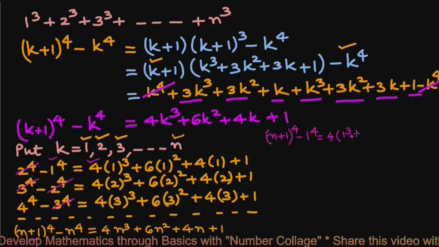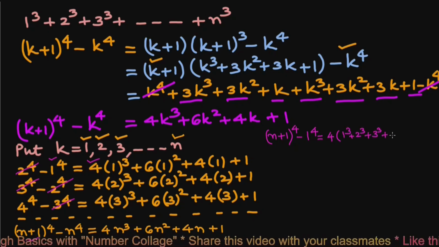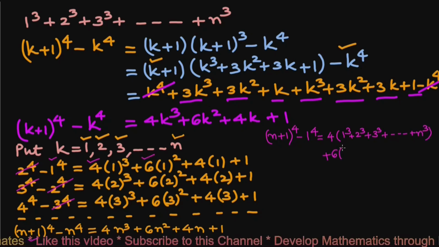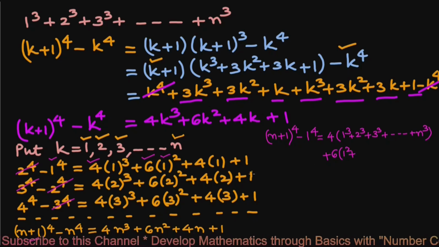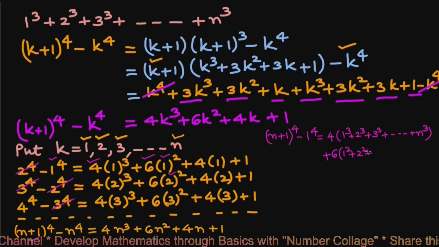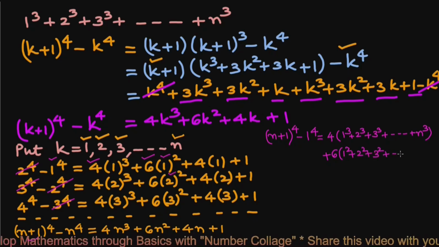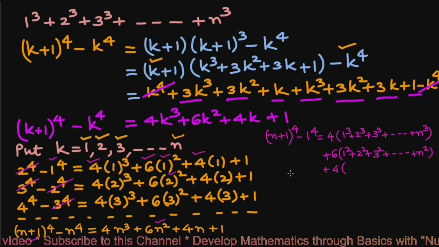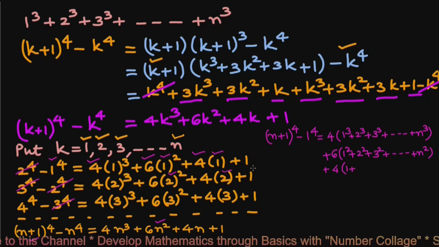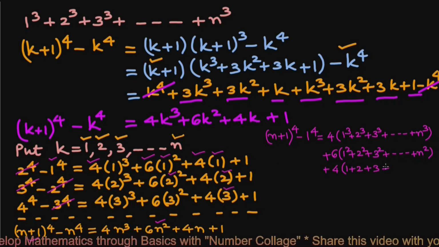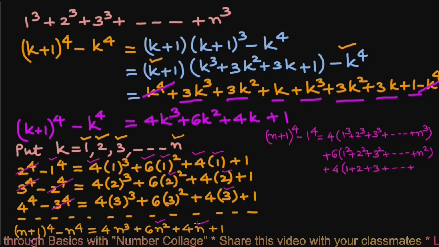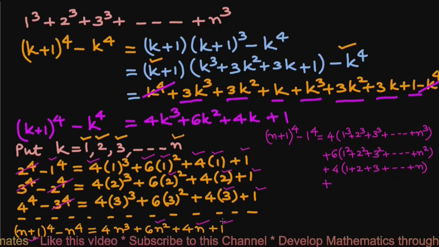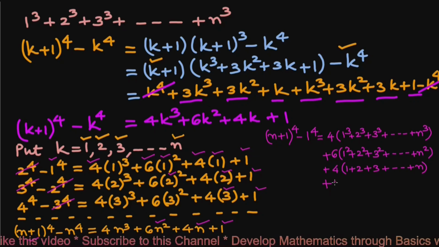1 cube plus 2 cube plus 3 cube plus so on plus n cube, plus 6 into (1 squared plus 2 squared plus 3 squared plus so on up to n squared), plus 4 times (1 plus 2 plus 3 plus so on plus n), and plus 1, which is coming n times, and for that we write n.